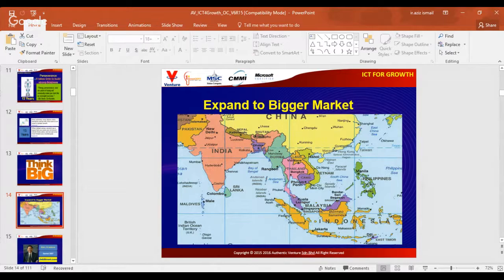I mean, you look at the population, we only have about 30 million people. Look at Indonesia. Indonesia has 260 million people. Look at India. India has 1.2 billion people. If you are targeting small medium enterprises, for example, Malaysia has about 1 million plus SMEs. But look at Indonesia, they have more than 50 million SMEs, including the micro. And India has 48 million SMEs. I mean, the market size is of regional or global scale. So if we want to create a big business, look at this bigger market.